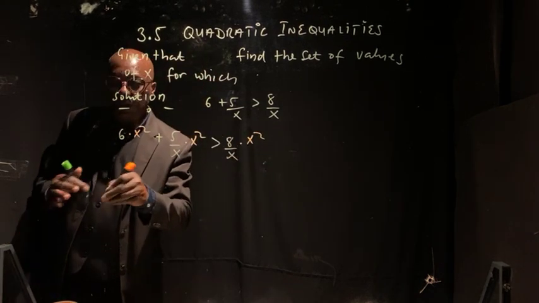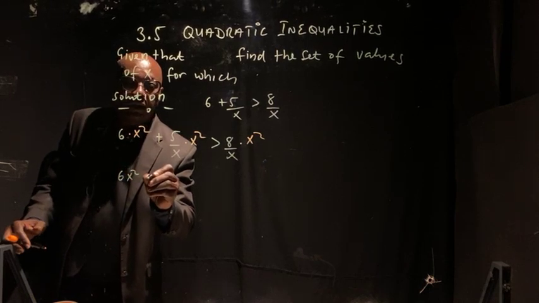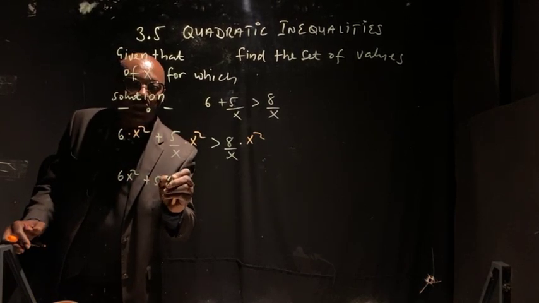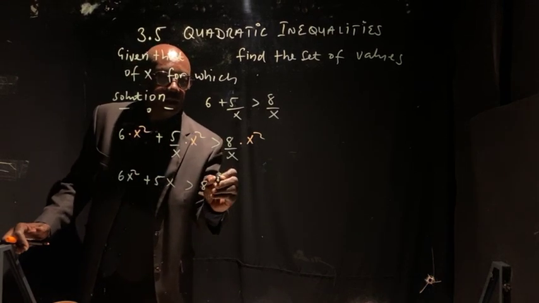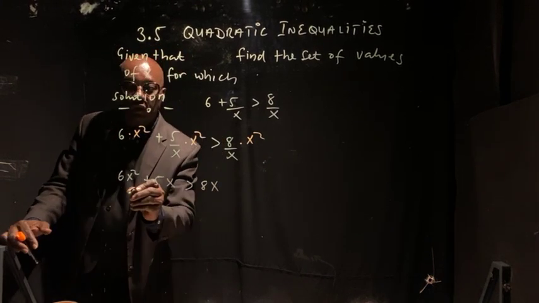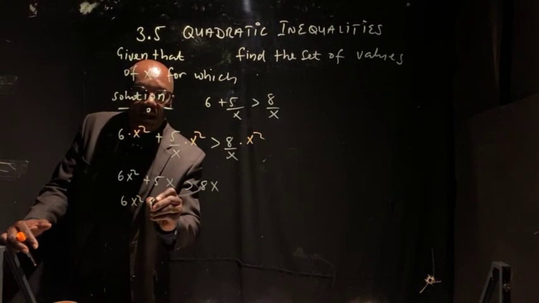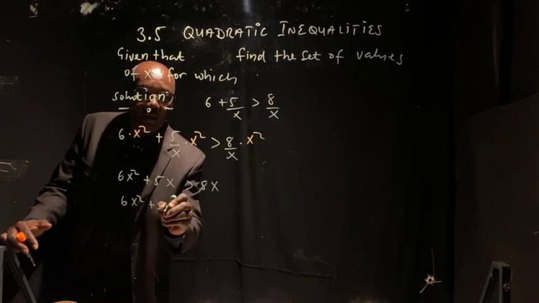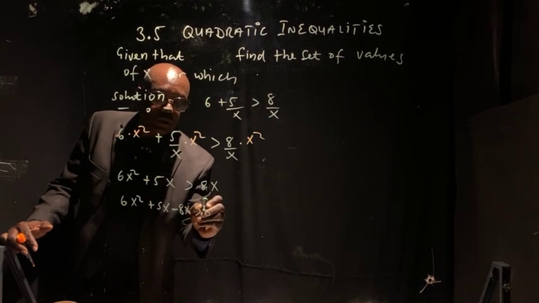So we have 6x squared plus 5x greater than 8x. So we have 6x squared plus 5x minus 8x greater than 0.